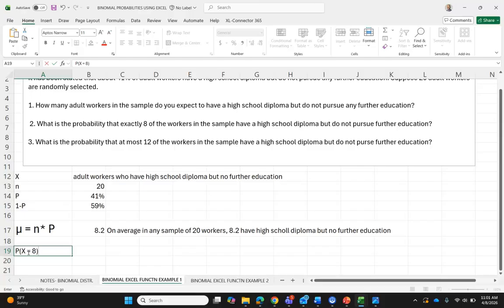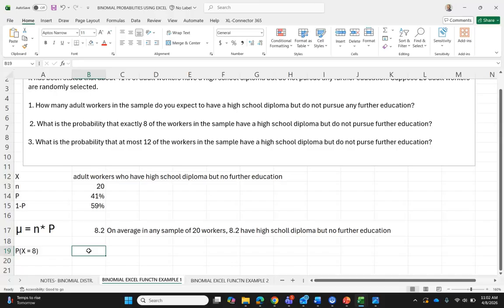And we know that for the binomial distribution, all we need is the probability of exact or probability of at most, where X is less or equal to a value.